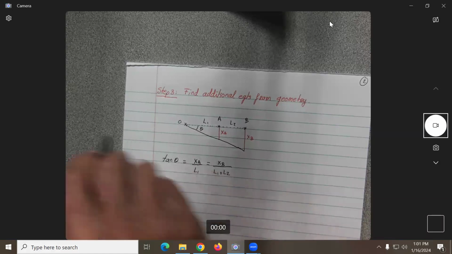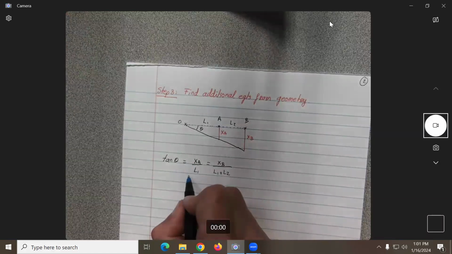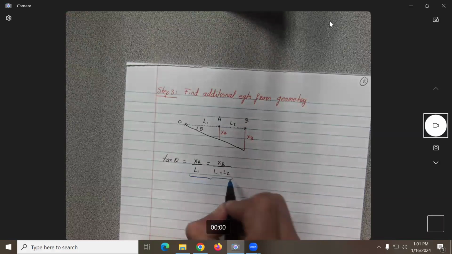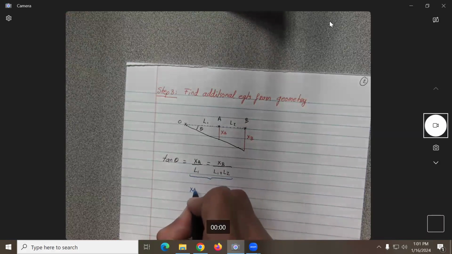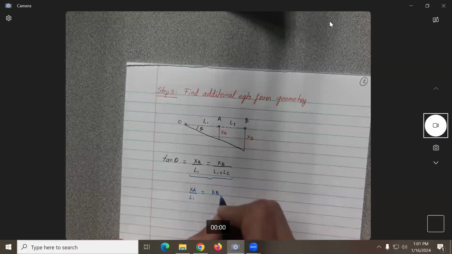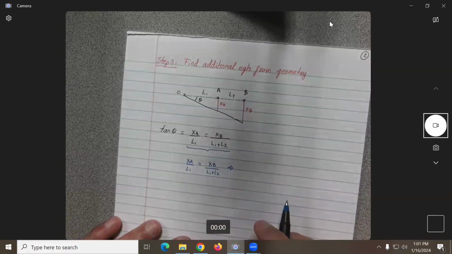Okay, or we can just take this equation here, which is going to give X sub A over L1 equal X sub B over L1 plus L2.